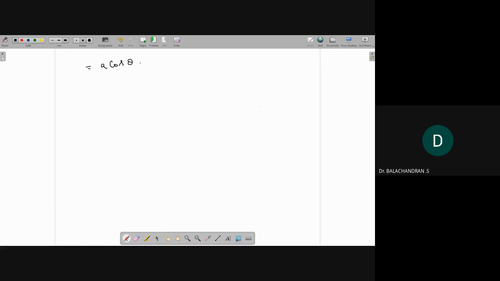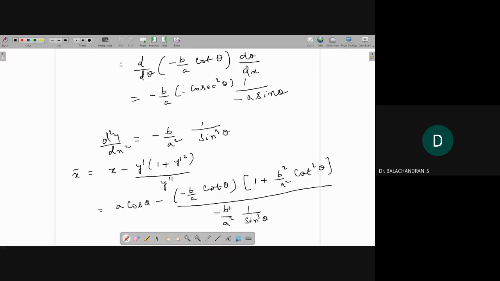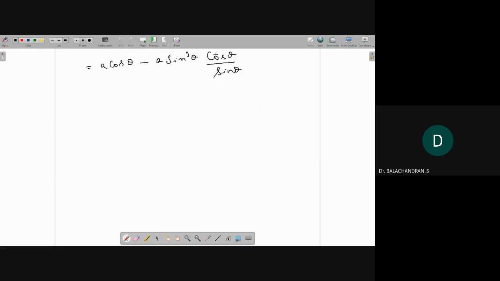So please check it here. It is minus a sine cube theta into cos theta by sine theta. So you can check it. So b b gets cancelled. So a square by a is a. In the numerator we have sine cube theta into cos theta by sine theta, I am writing here, so into 1 plus b square by a square.